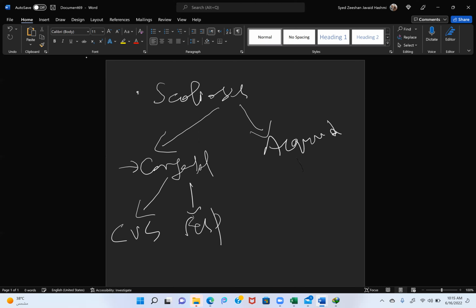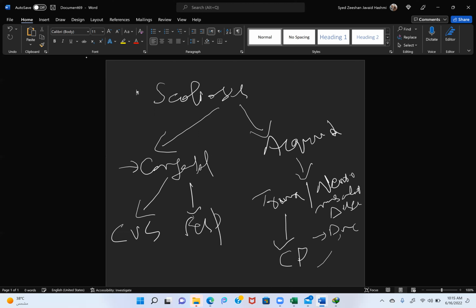If it is acquired, there will be some trauma, or some neuromuscular disease, because there will be weakness. For example, if the patient has cerebral palsy, later on they can develop scoliosis. If the patient has Duchenne or any neuromuscular disease, this patient can develop scoliosis. And there is another trend, kyphosis, so sometimes it is kyphoscoliosis.